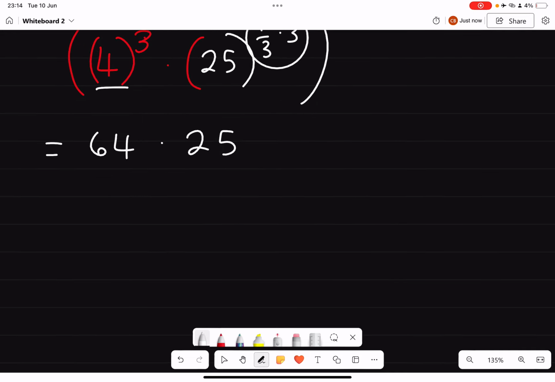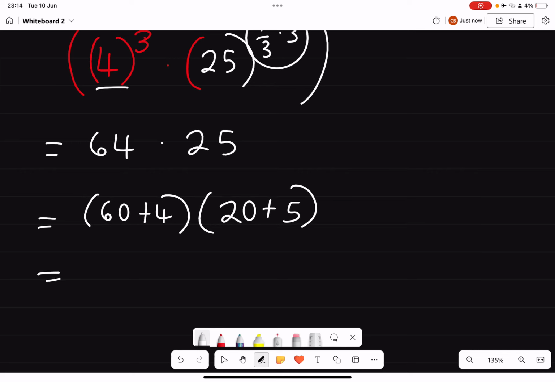Now, what is 64 times 25? We're going to just break that down in simple terms. We can break the 64 into 60 plus 4, multiplied by 20 plus 5, breaking the 25. Then when we FOIL, 60 times 20 is 1,200. 60 times 5 is 300. 4 times 20 is 80.